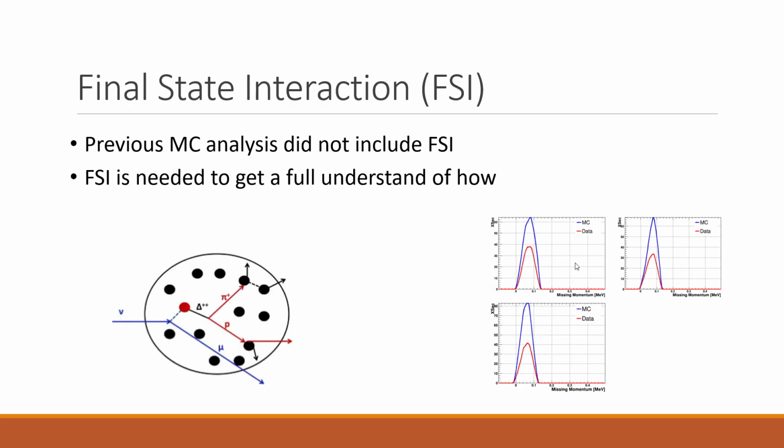So my work this summer was to understand the final state interaction, which is the idea that the incoming particle might interact with inside the nucleus before exiting, as pictured here. So previous studies on this did not account for FSI, and we worked on implementing this into our model.